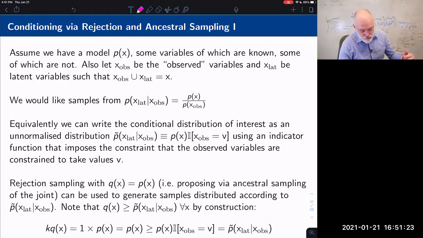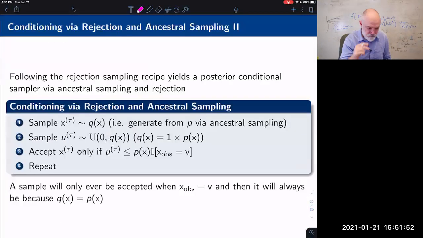Note that by construction, this Q that we've chosen is always greater than the unnormalized conditional probability of interest, because Q of x is 1 times P of x, which is greater than or equal to P of x times some indicator function, which is 0 or 1. It's equal when x obs equals V and 0 otherwise, so it's greater than. And that is the posterior distribution of interest, right?